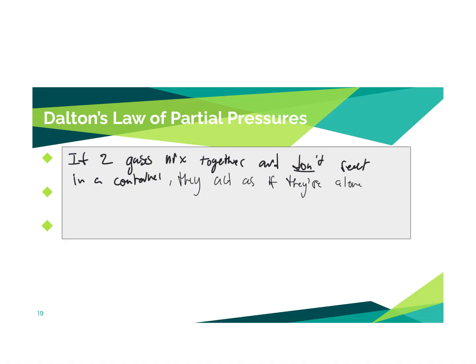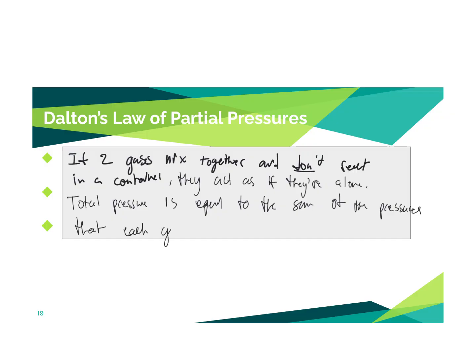And so they'll mix, but they won't necessarily react or interact with each other. And so as a result, the total pressure is equal to the sum of the pressures that each gas would exert on its own.